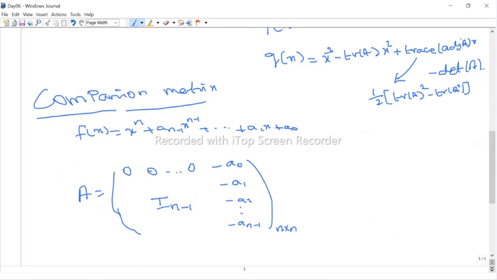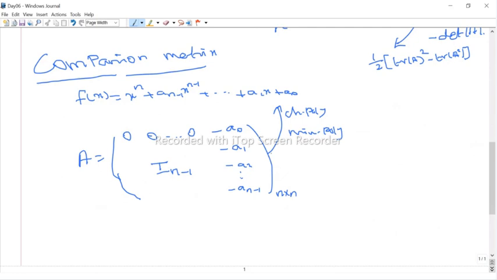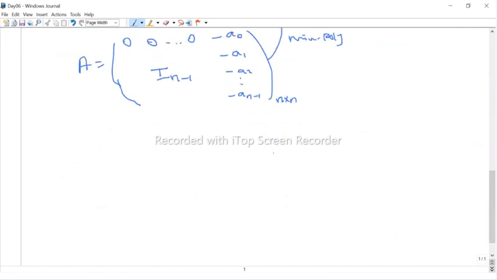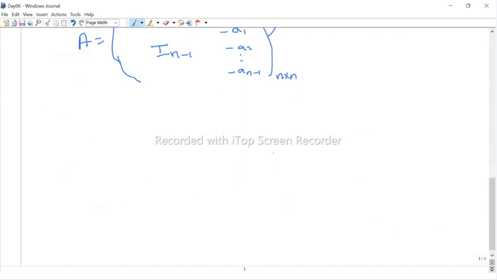The characteristic polynomial as well as the minimal polynomial of this matrix is the given f of x. Okay, it's a very important thing. So now we are going to define what are the eigenvectors of a matrix.